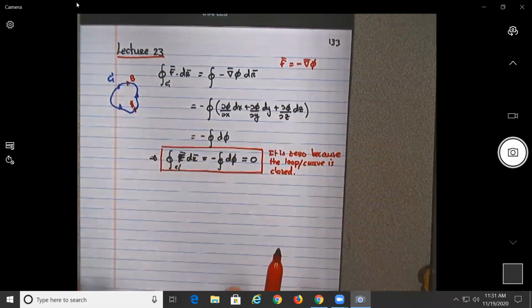If it was an open boundary, it would be a different story, no? Okay? So basically you start from one point and you end up at the same point. That's the only thing that matters.